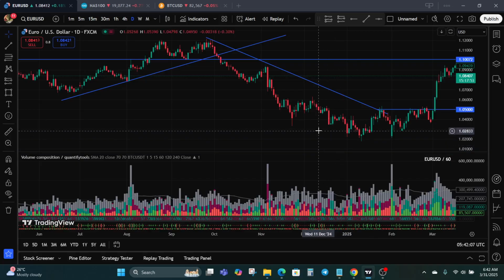So by incorporating this indicator into your trading strategy, you can make better informed decisions and increase your confidence in your trades.